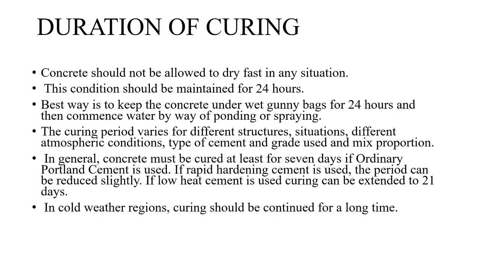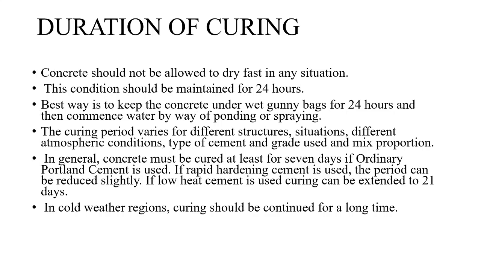The curing period varies for different structures, situations, different atmospheric conditions, type of cement, grade of concrete, and proportion. In general, concrete must be cured at least for 7 days if OPC, ordinary Portland cement, is used.